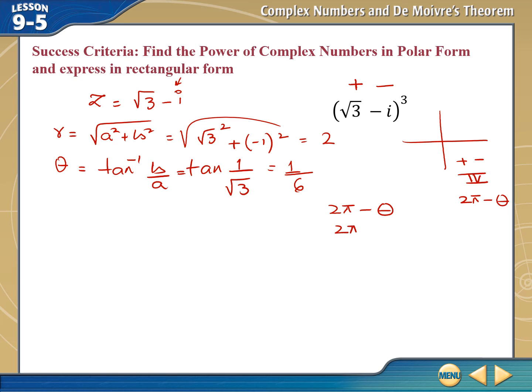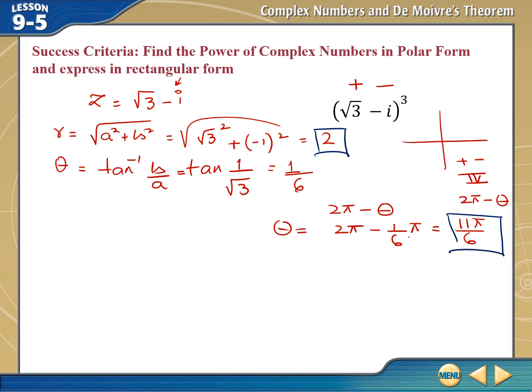So in our case theta is 1 over 6 pi, which will give us in the end 11 pi over 6. So our theta is 11 pi over 6 and our r is 2.